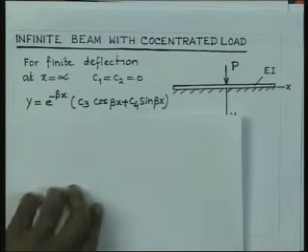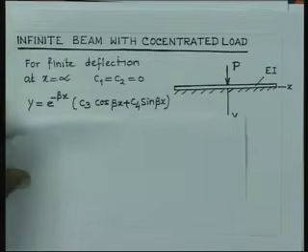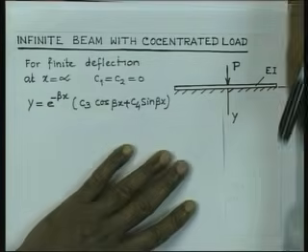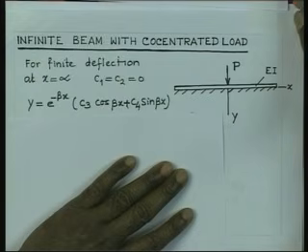Think of it, how do you resolve these constants? We have to make use of the loading conditions and also the boundary conditions. What are the boundary conditions that we can a priori specify?